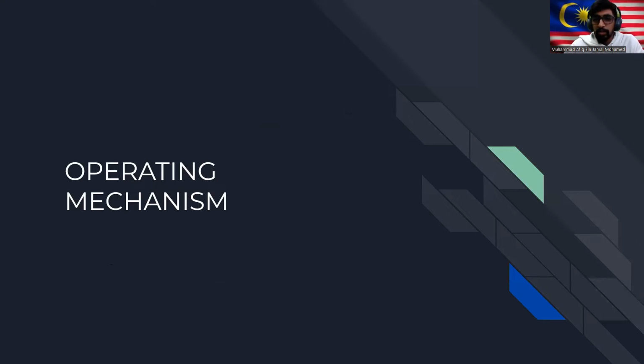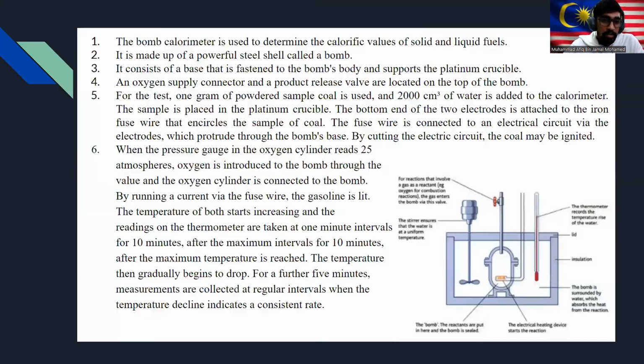Now we'll move on to the operating mechanism of the bomb calorimeter. As you can see, this is the process of how we conduct a bomb calorimeter experiment. Since it is to determine calorific values, the first step is, of course, to supply oxygen into a valve on top of the bomb.